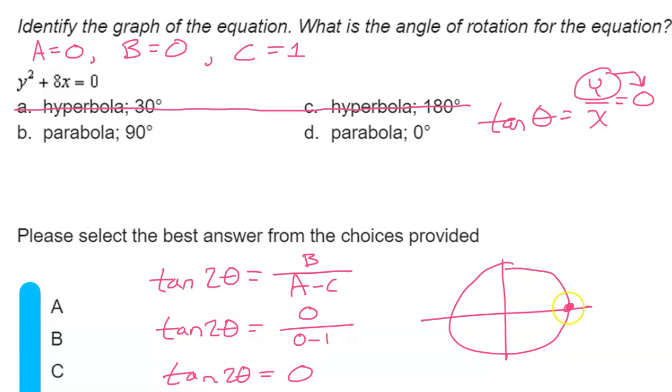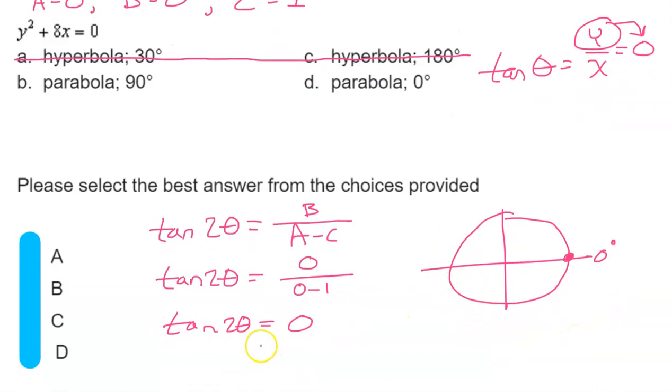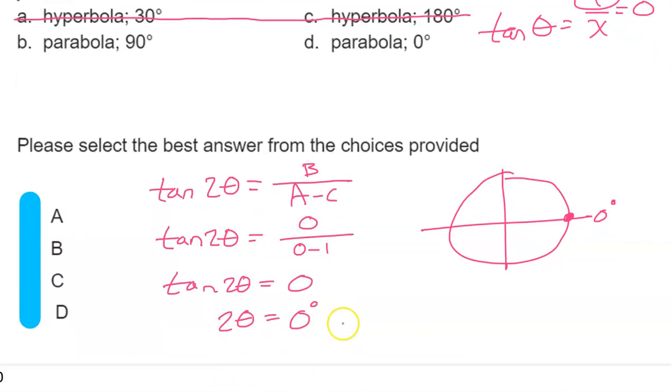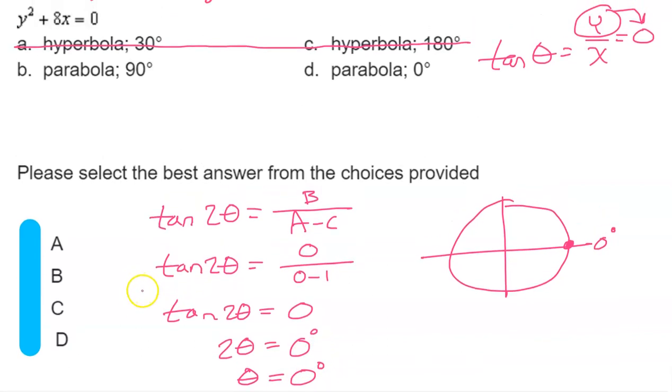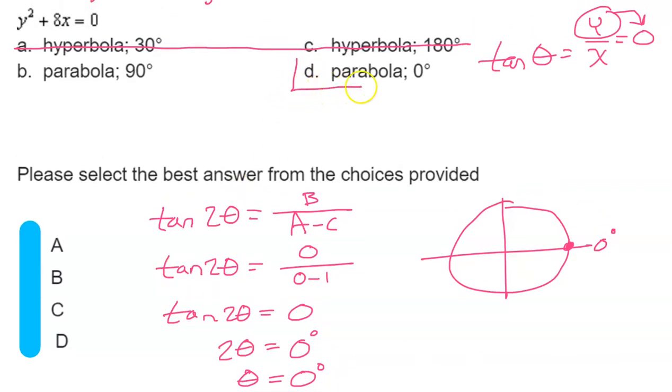The y value is 0 right here at 0 degrees. So that's why we know that 2 theta is going to equal 0 degrees. And then obviously if you divide both sides by 2, you're going to get theta equals 0 degrees. So that's why the answer is going to be D. Ta-da!